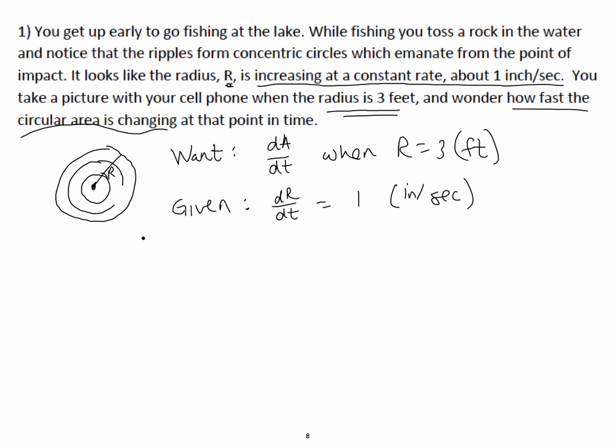I like it. Okay. So what do you know that's going to help us relate the quantities? Which quantities should I be thinking about? Area and radius, right? Because I've got a dA/dt and a dr/dt. So what can I know that relates A and r?